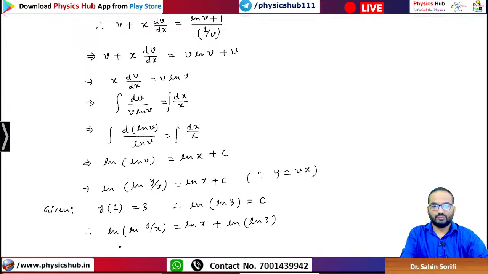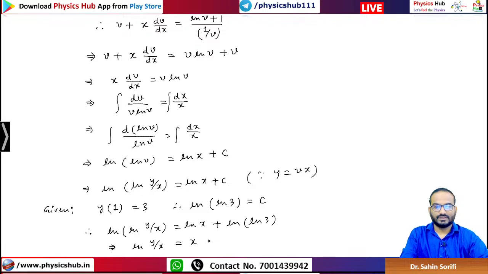Now ln we can remove from both sides. So ln(y by x) equals ln x plus ln 3, so ln of x ln 3.